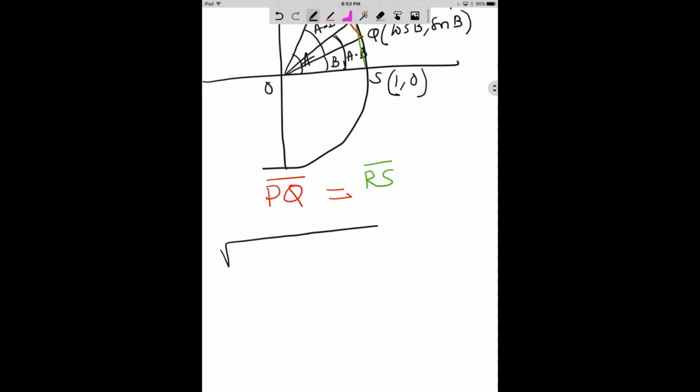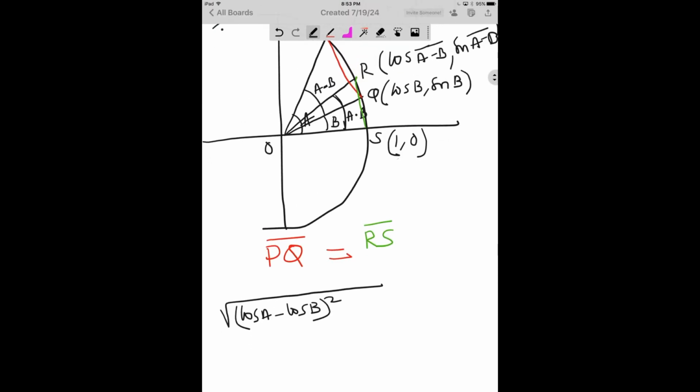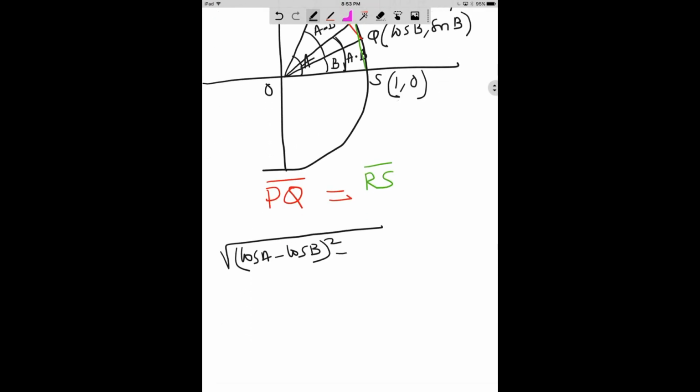PQ by distance formula. What is the distance formula? Square root of (x2 minus x1) the whole square plus (y2 minus y1) the whole square. Here it is (cos A minus cos B) the whole square plus (sin A minus sin B) the whole square, equals RS.